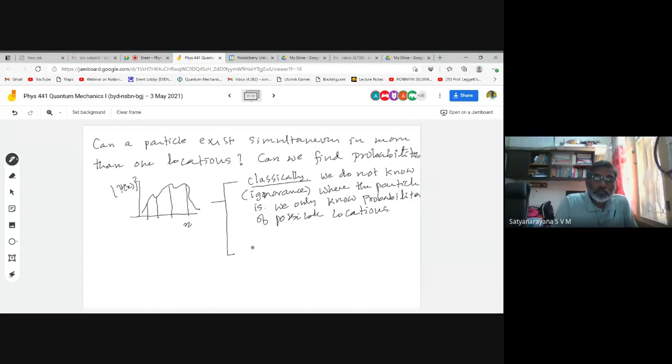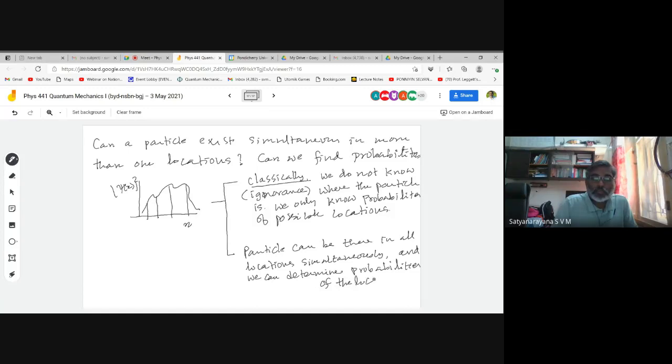In quantum mechanics, the particle can be there in all locations simultaneously, and we can determine probabilities of the locations which can be found when measured.